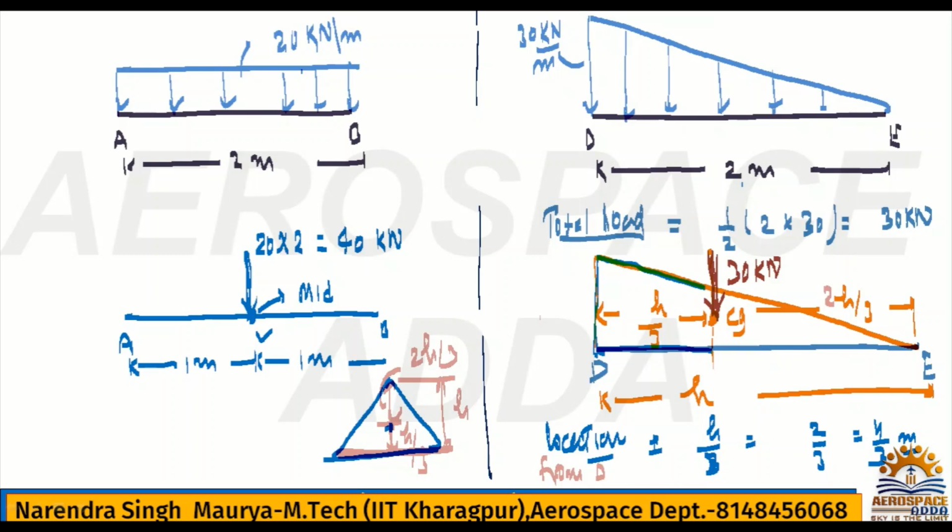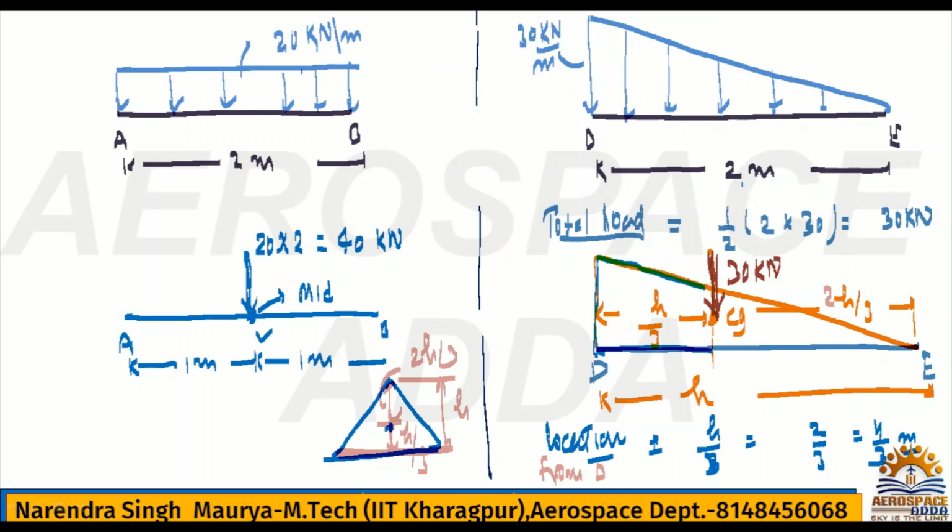CG is the centroid, the mass center of the body. Where the mass particles are more and more, that side CG will be shifted. If you see this side, it's broader, more area we have this side, so obviously CG will be nearer this side.